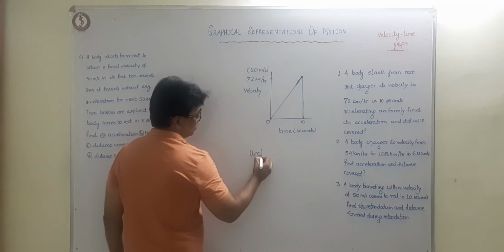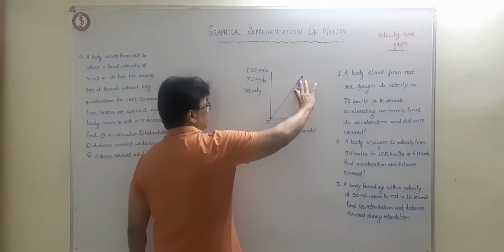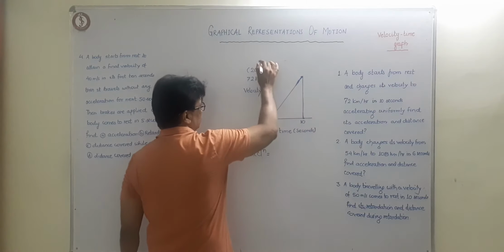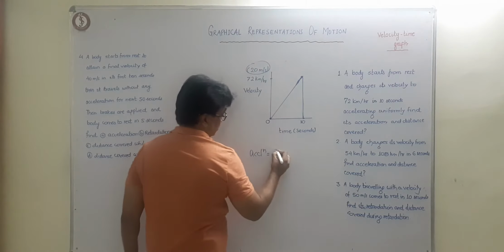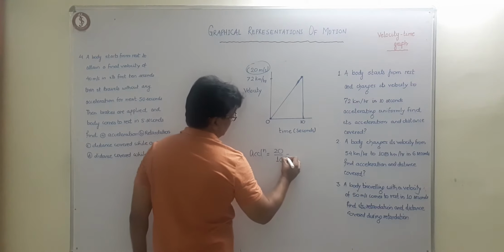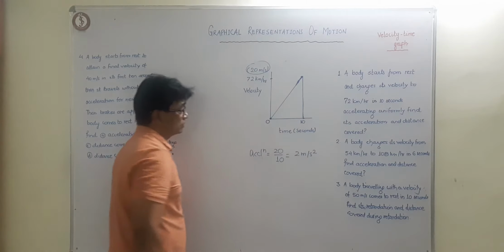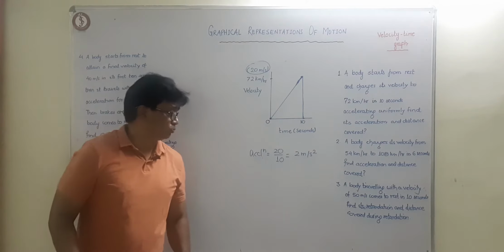So acceleration will be perpendicular by base, 20 by 10, that is 2 meter per second square, because the unit of acceleration is meter per second square.